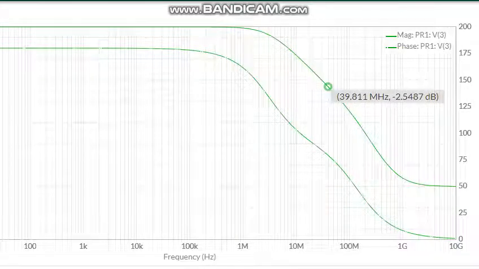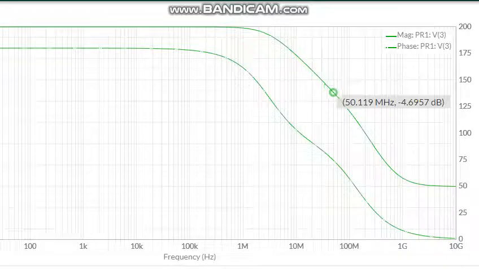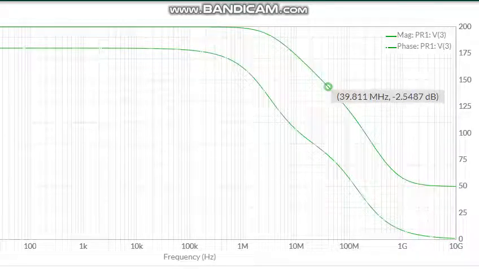Here is the portion, in the middle around 4.22, the point at 39.811 megahertz. That means quite similarly, if it is equal to 4.5 megahertz, it will get to the minus 3 dB there.